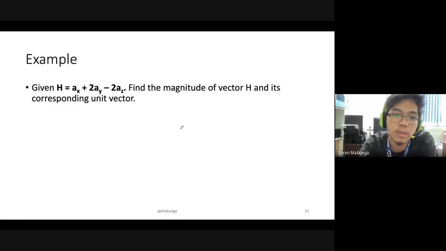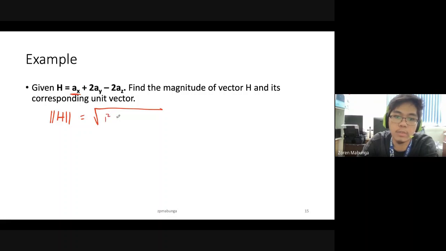Okay, so example, given sa atin si vector H, ax plus 2ay minus 2az, hahanapin ang magnitude of vector H and its corresponding unit vector. To get the magnitude, ang unang ipinapahanap sa atin is magnitude ni H, which is given by the formula na yung coefficient. Anong coefficient ni ax dito? 1.